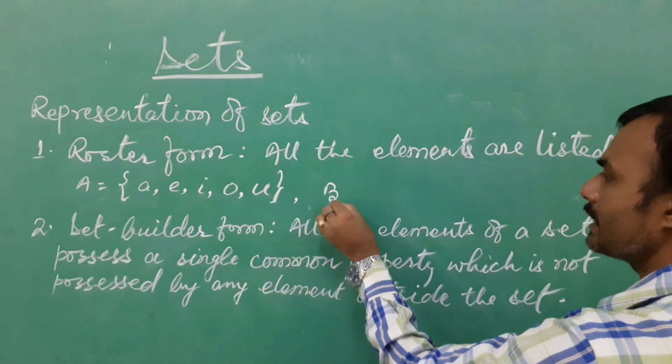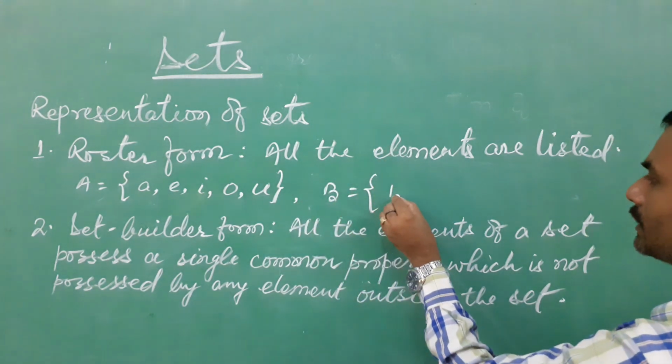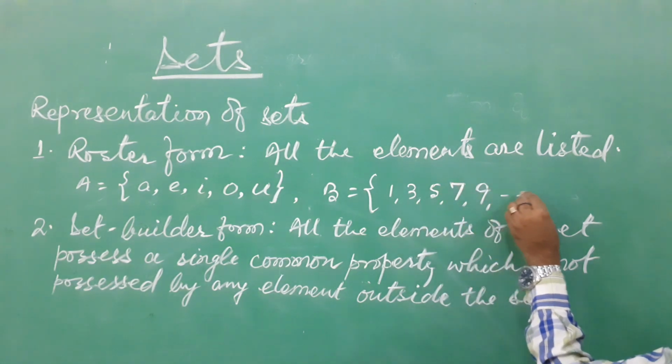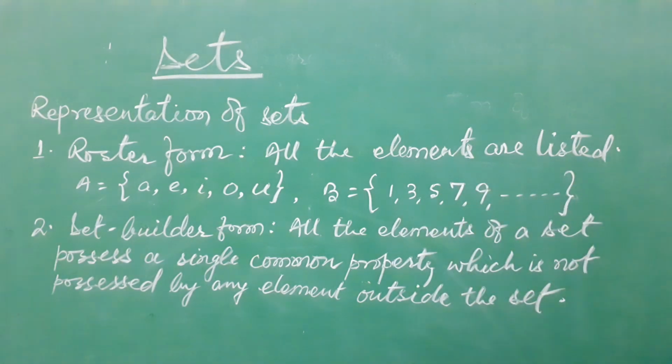Another example we can write as 1, 3, 5, 7, 9. Here also all the elements are listed. Even if we are not able to write up to infinity, but 1, 3, 5, what are the elements? Easily we can see. So this is roster form. We are tabulating the elements.